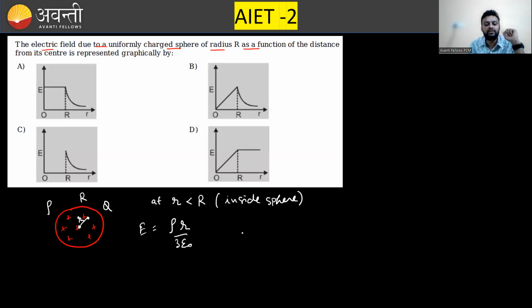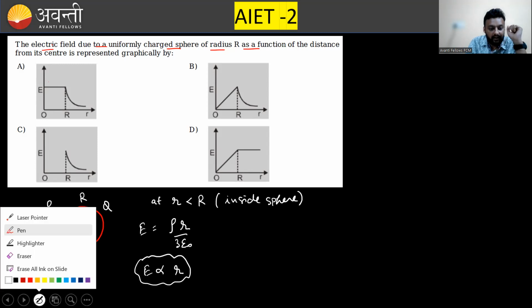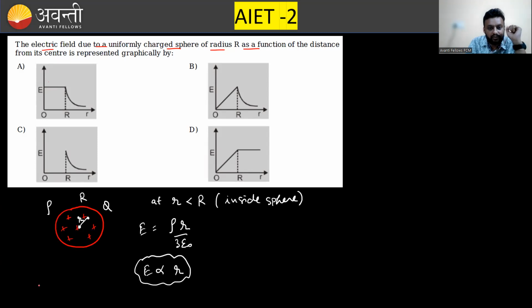This is the field inside the sphere. And from this, you can conclude that field is directly proportional to r. And this indicates that the graph will be a straight line passing through the origin. So the graph will be a straight line passing through the origin before the radius. So in these two cases, E proportional to r here and E proportional to r here, this condition is satisfied.